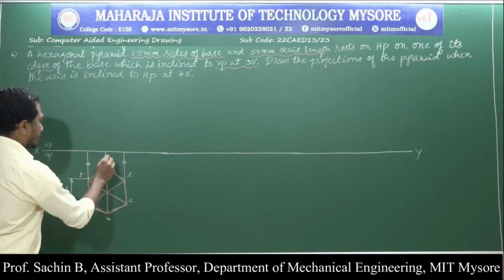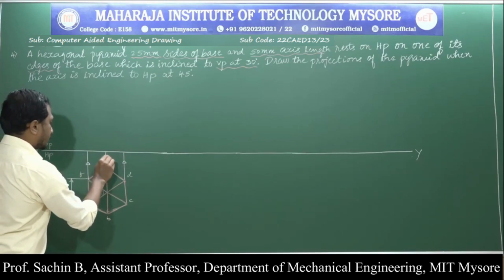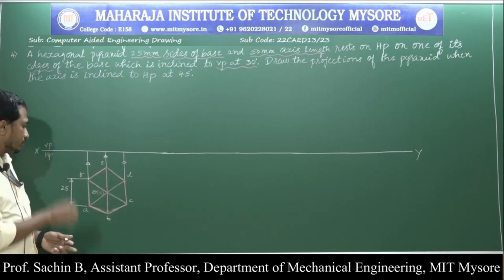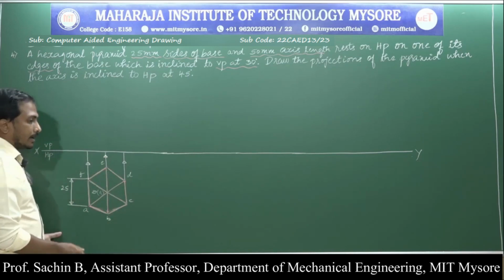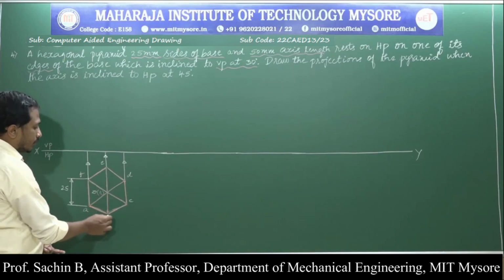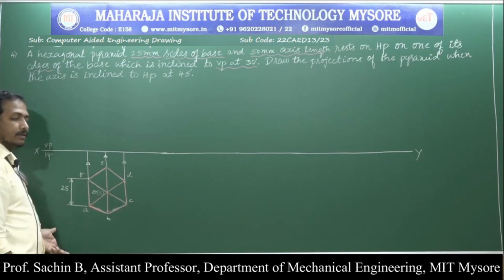Now here they have given the axis length of 50 mm. In the front view, the slant edges connected from the base to the apex point, O to A, O to B and O to C, are clearly visible for us.